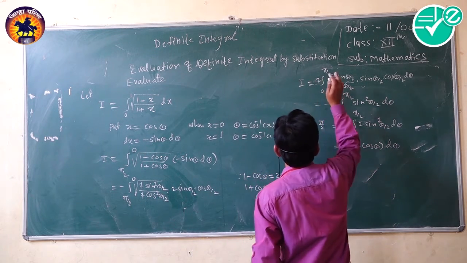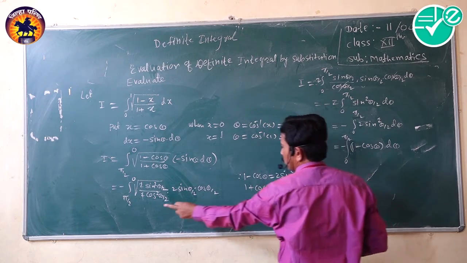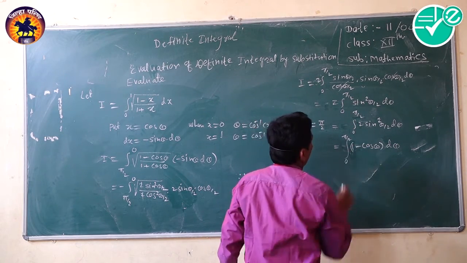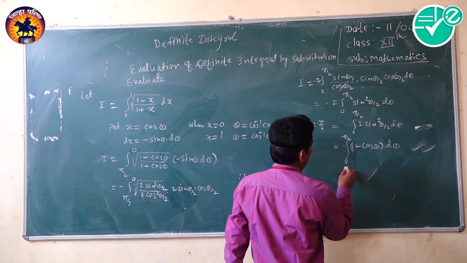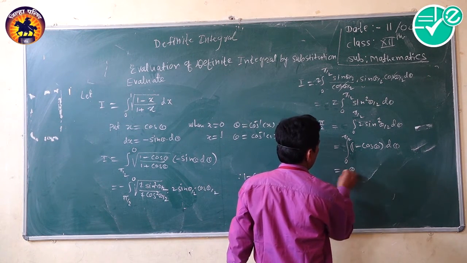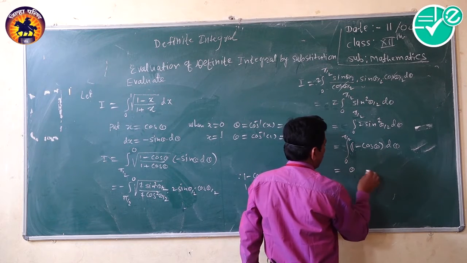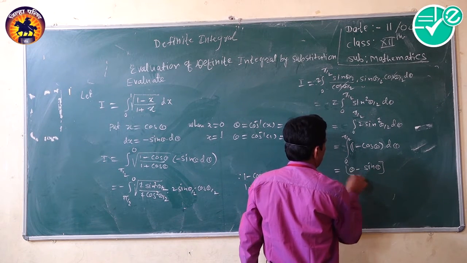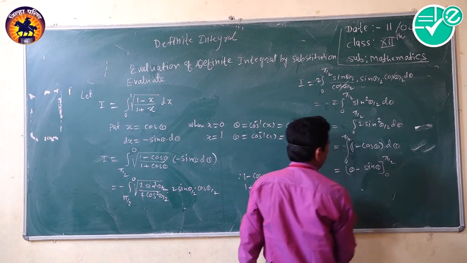Here, taking the minus sign, the limits will change, minus from pi by 2 to 0 becomes 0 to pi by 2.